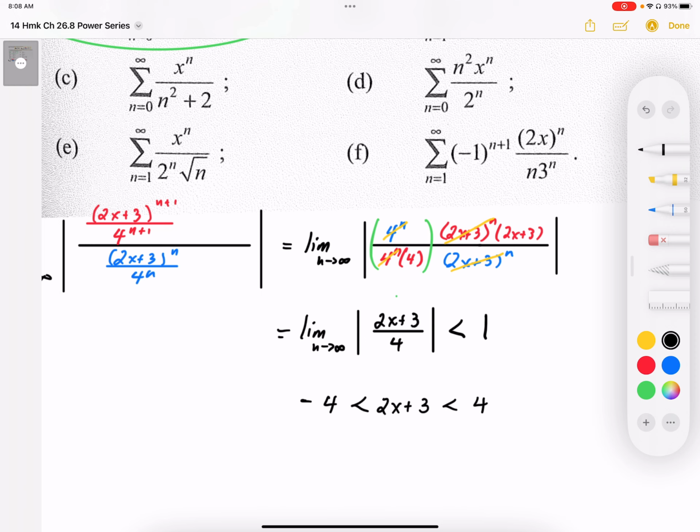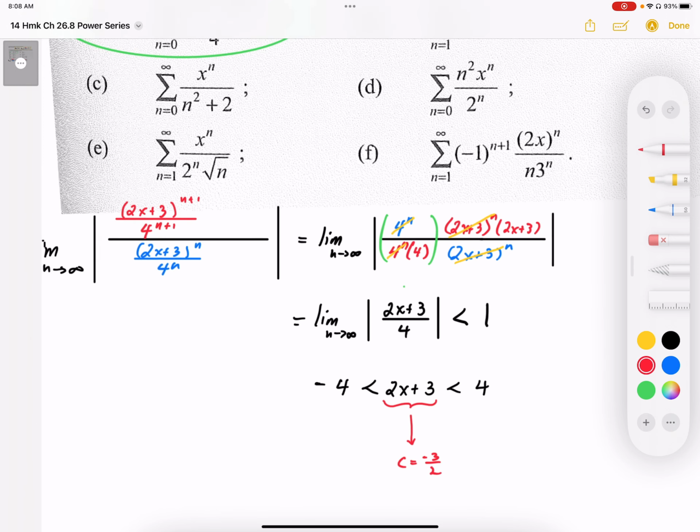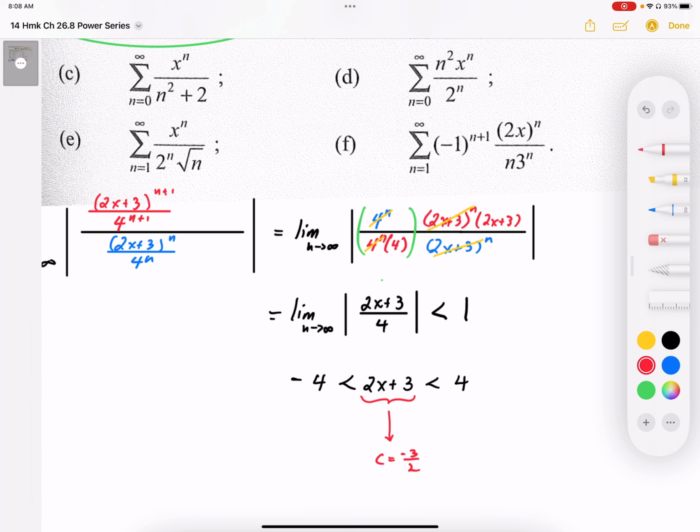And so we can then solve for x. Before I solve for x, I'm just going to use this to establish my center, my C. The C is equal to negative 3 over 2. When that is equal to 0, that's going to be our C value, or our center.